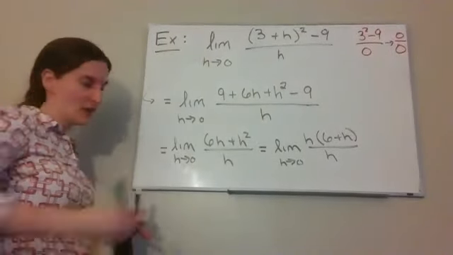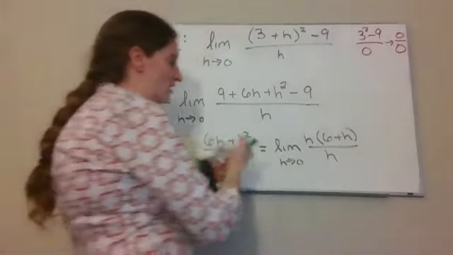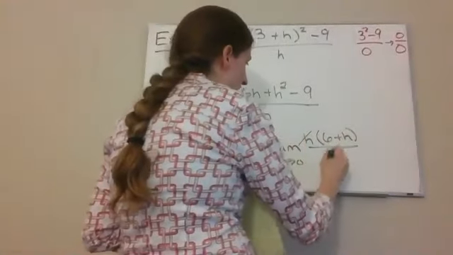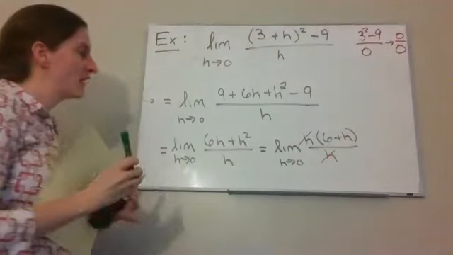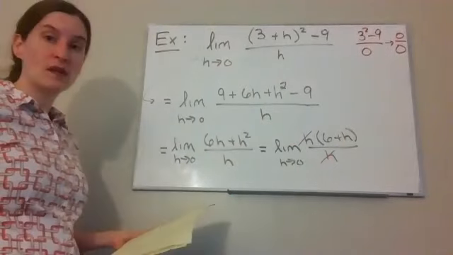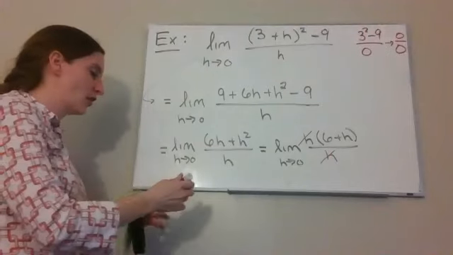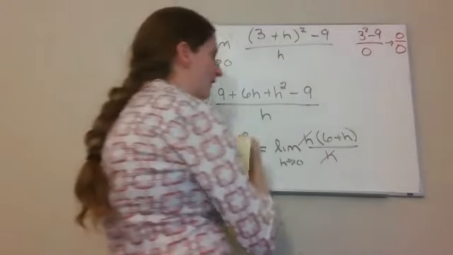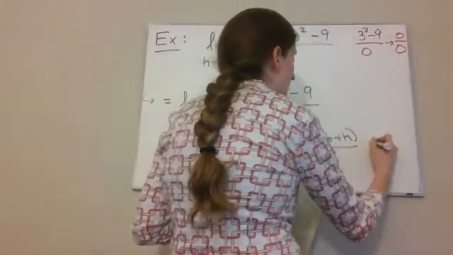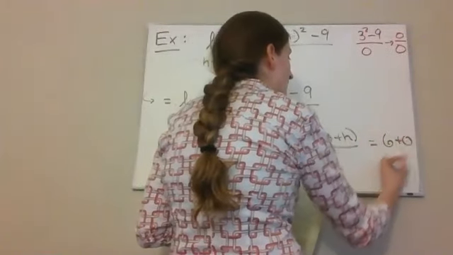I can cancel the common factors of h. So now I just have the limit as h approaches 0 of 6 plus h. When I plug that 0 in now, I get 6 plus 0, which is 6.